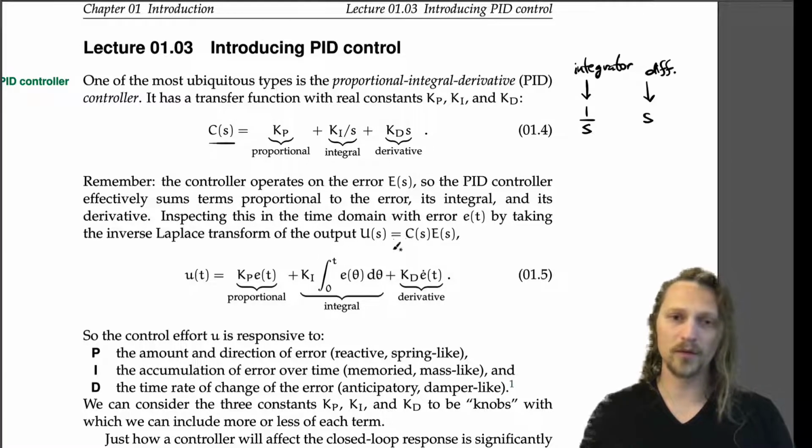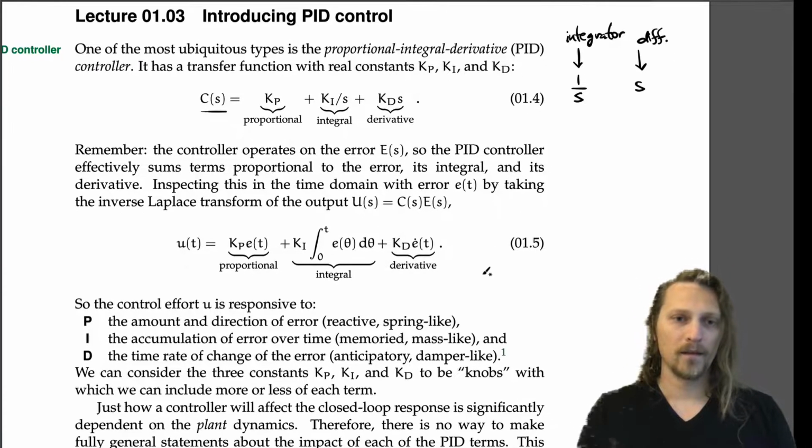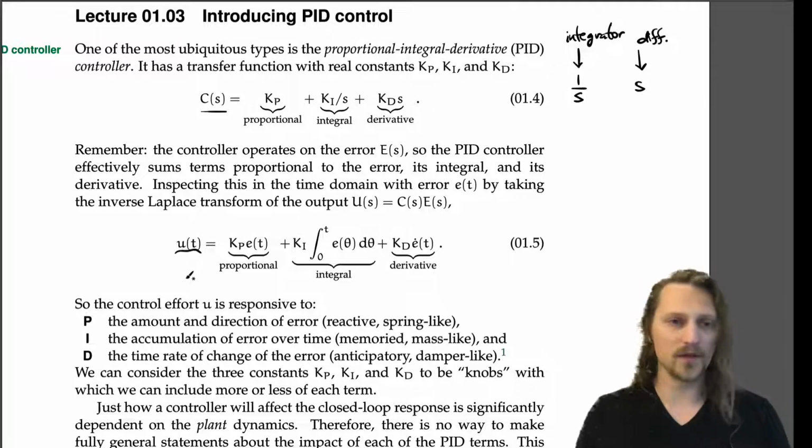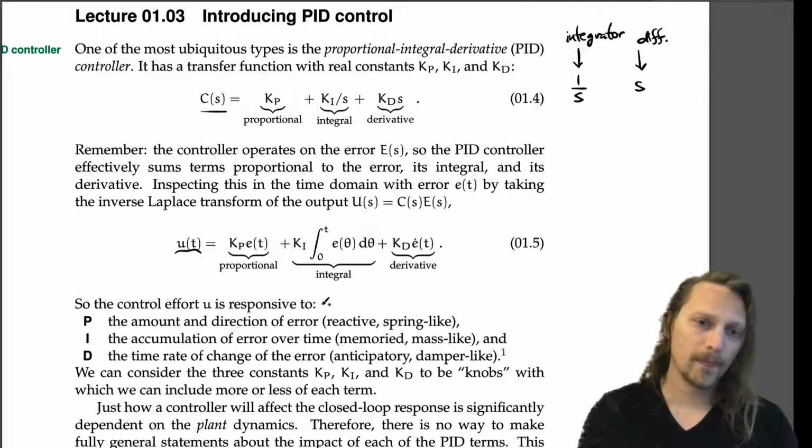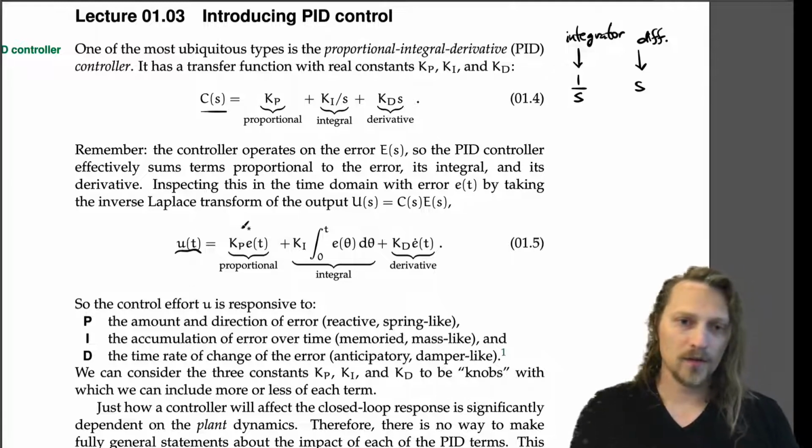The output of the controller is the product of the controller's input, E, and the transfer function of the controller, C. We take the inverse Laplace transform, we have a function of time, which is the time domain representation of the control effort. So we have three terms.